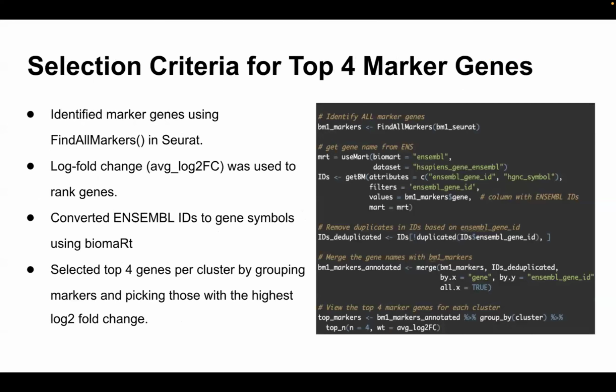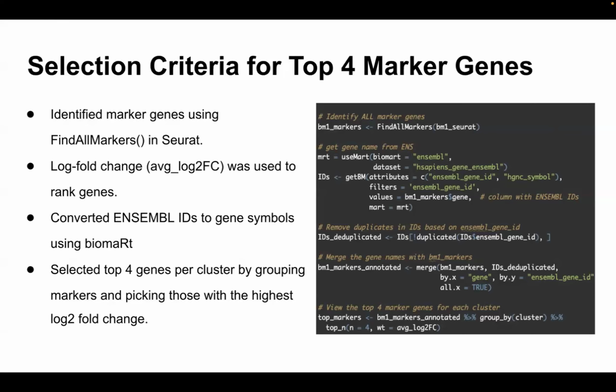Just to go into a little more detail, the top 4 marker genes for each cluster were selected based on their log fold change values using the FindAllMarkers function in Seurat. Initially all marker genes were identified, and then the gene identifiers, known as the Ensembl IDs, were mapped to their gene symbols using the biomaRt package, ensuring unique mappings by removing some of the duplicates.